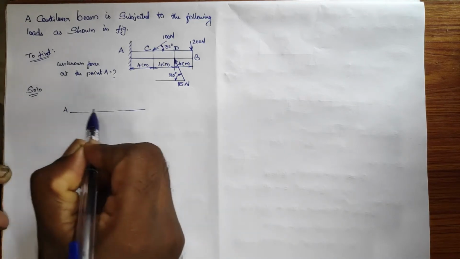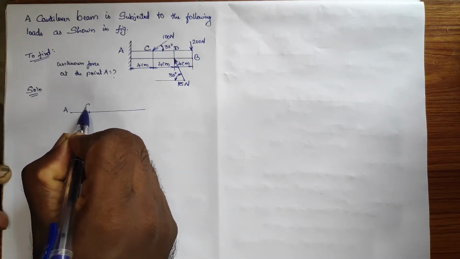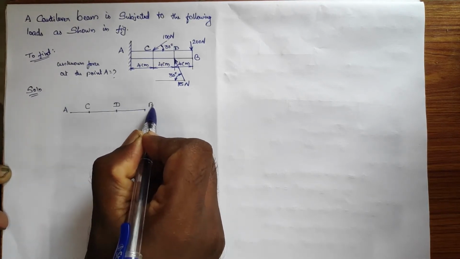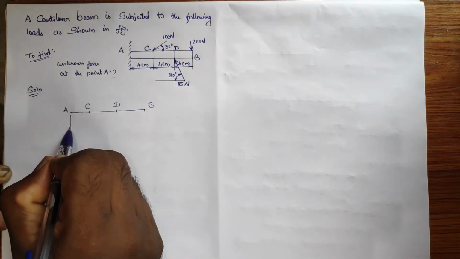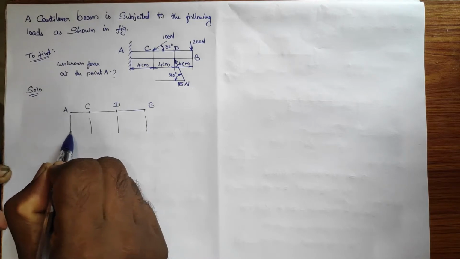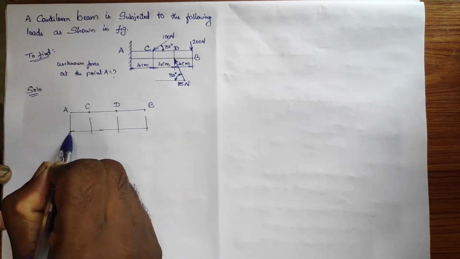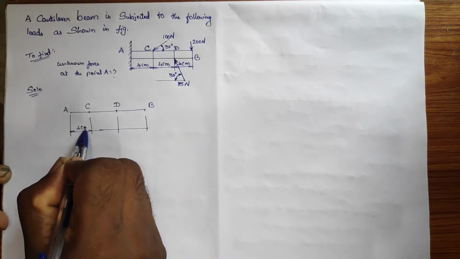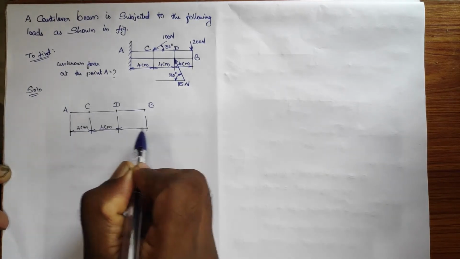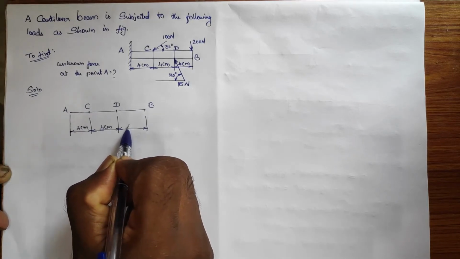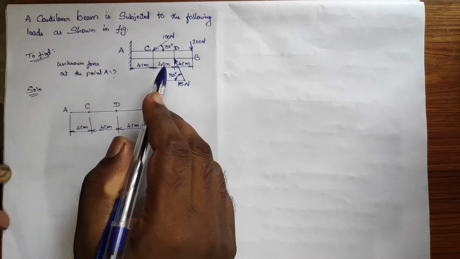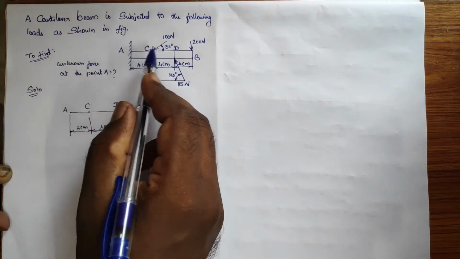So this is the point A, this is the point C, this is the point D, and this is the point B. Each of the segments is 4 centimeter, not meter, it's centimeter. So keep it in your mind, and when you are designating the units, you must be careful about it.